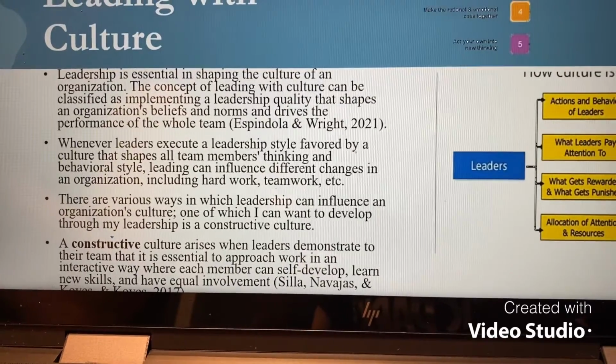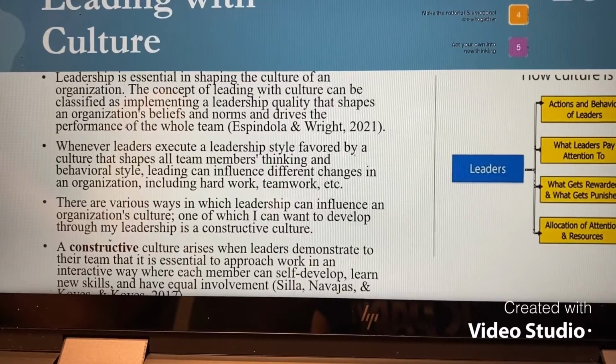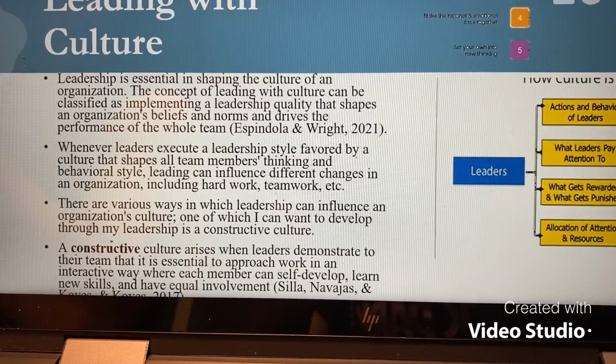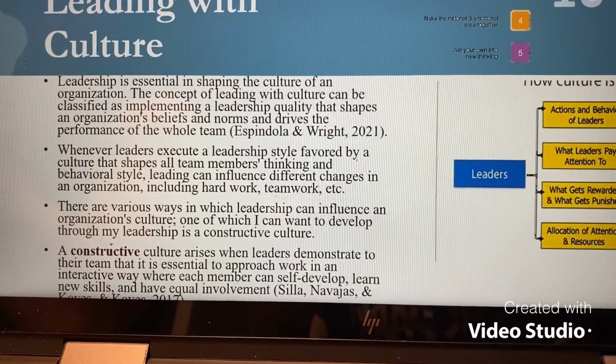There are various ways in which leadership can influence an organization's culture, one of which I want to develop through my leadership is constructive culture.